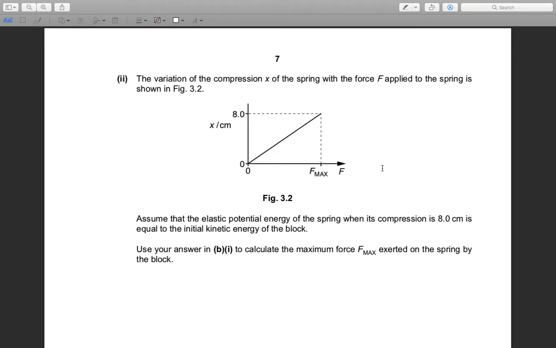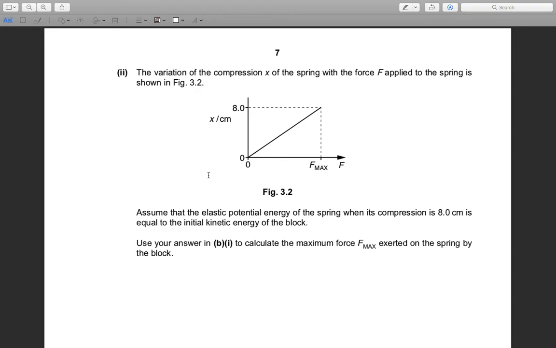We have a force in the X direction with F max, and X in centimeters, 8, the maximum force here. Assume that the elastic potential of the spring when the compression is 8.0 centimeter is equal to the initial kinetic energy of the block. Use the answer from part I to calculate the maximum force exerted by the spring on the block.